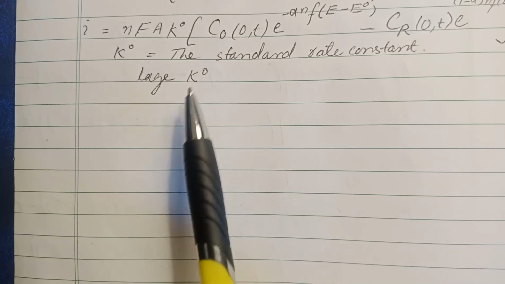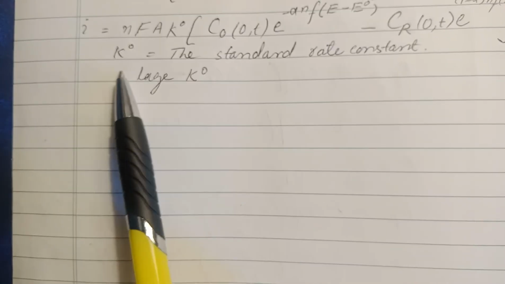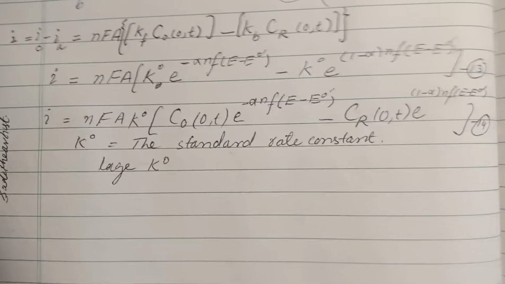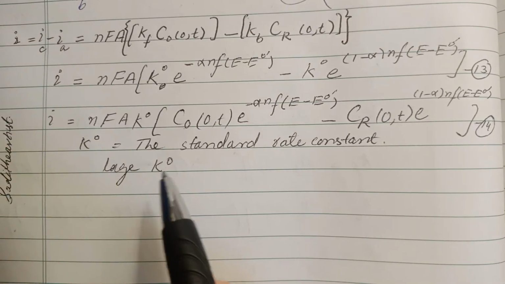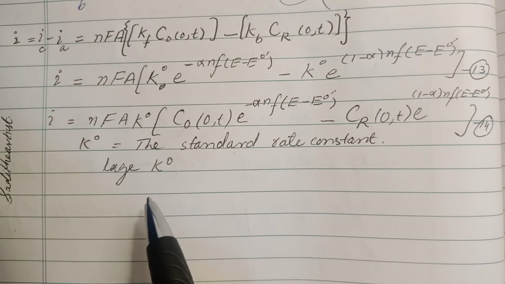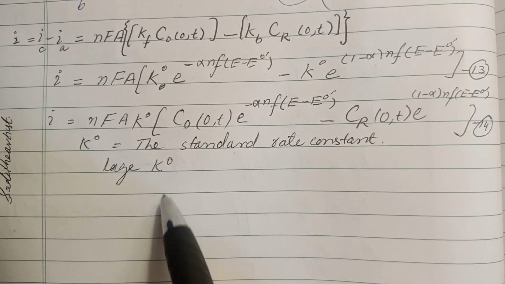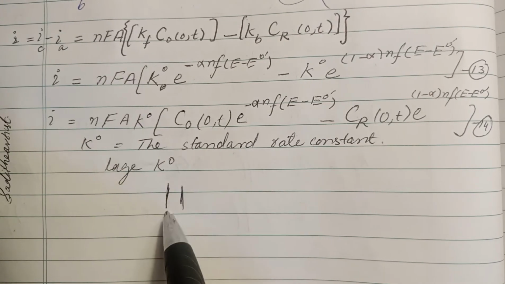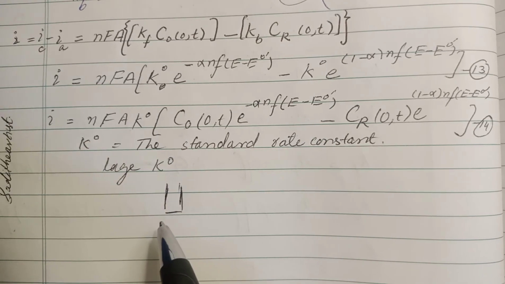Physical interpretation of the standard rate constant K0. It is simply a measurement of the kinetic facility of a redox couple.